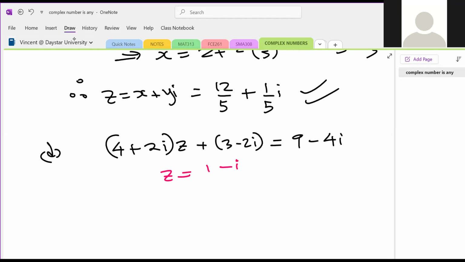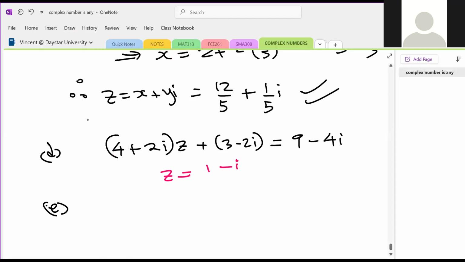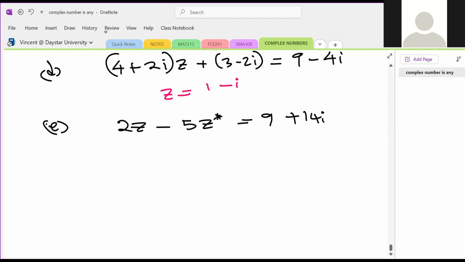And then another question will be 2z minus 5z star equals 9 plus 14i. Now remember, we said z star means conjugate of z.